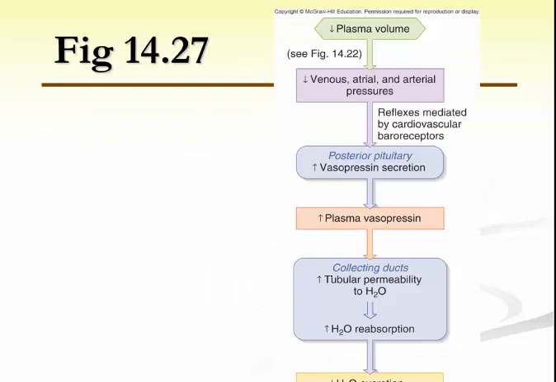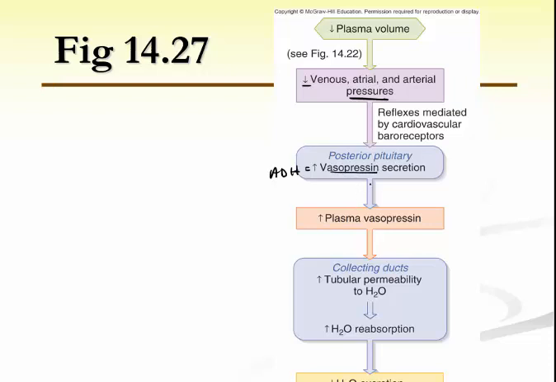All right. Figure 14.27 summarizes that process. So we have a decrease in blood pressure. That's going to cause the release of antidiuretic hormone. And of course, the other name of antidiuretic hormone is vasopressin, which they're using here in this example.